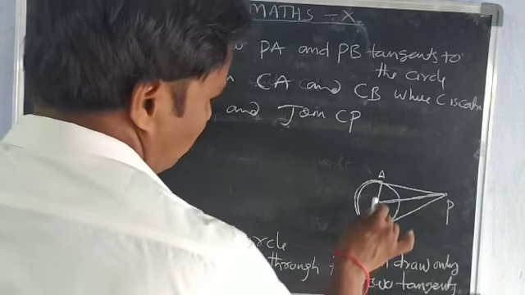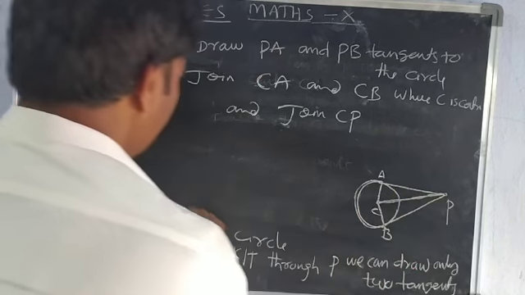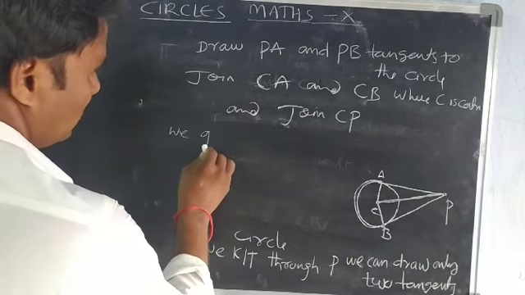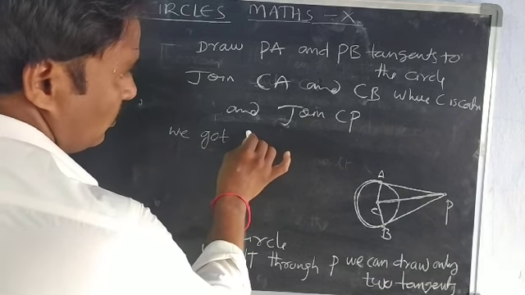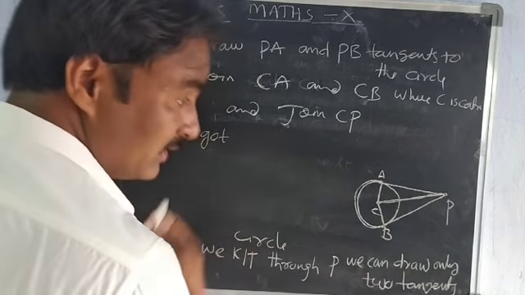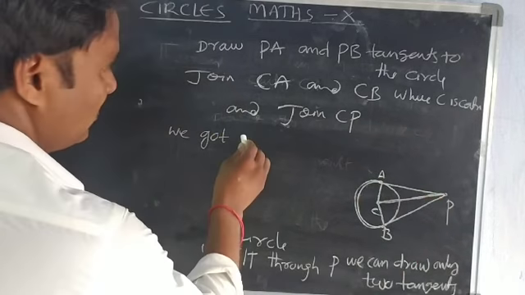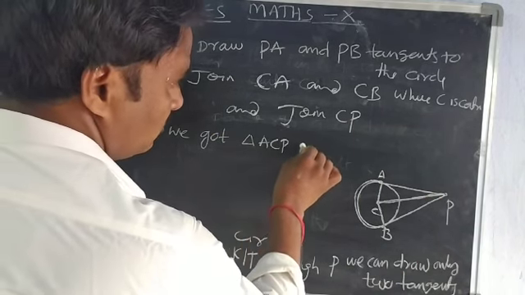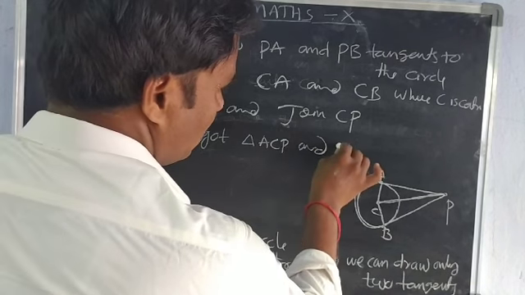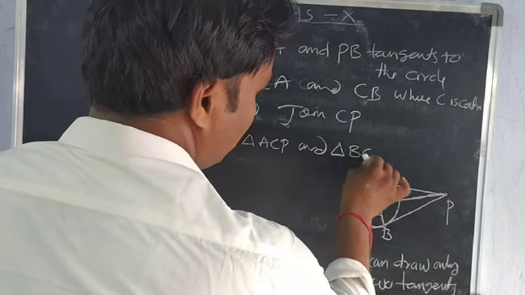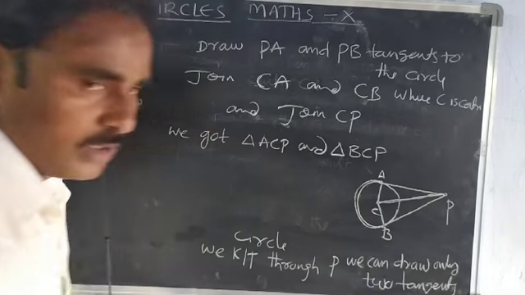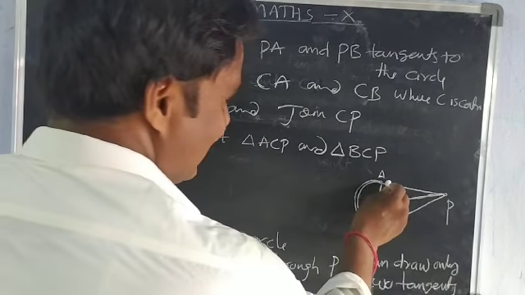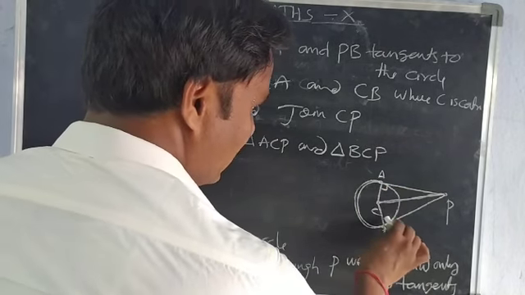See here, we got two triangles: triangle ACP and triangle BCP, in which angle A is 90 degrees and angle B is 90 degrees.